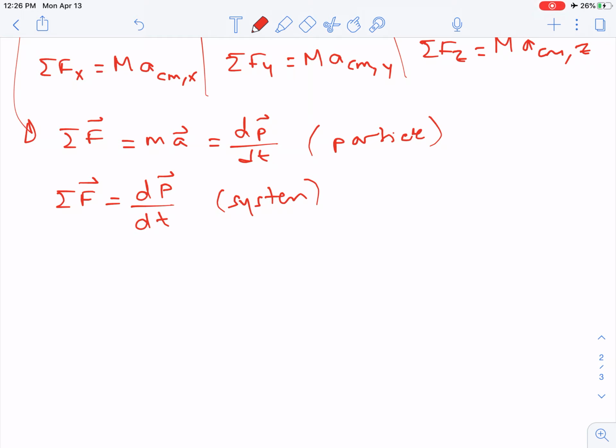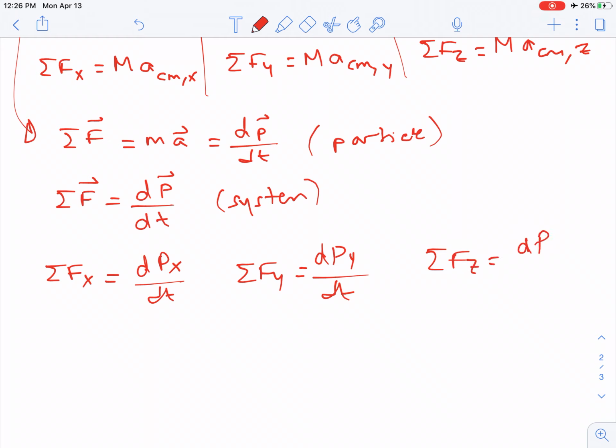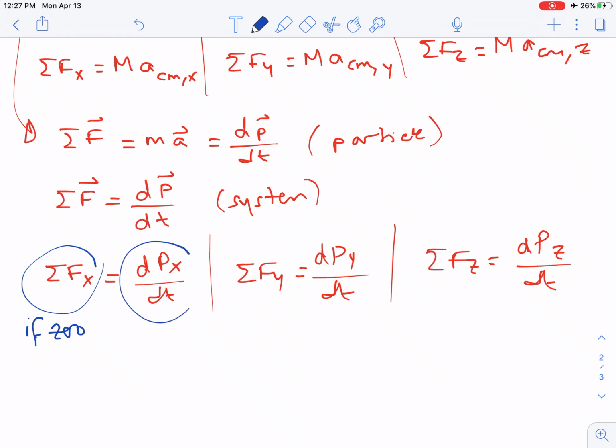But what this equation tells you, let's just split it up first into three components: dpx over dt, and then for the y component, dpy over dt, and for the z, dpz over dt. So what this tells you is that if sum of fx is 0 from the free body diagram, then this is the rate of change in momentum, right?